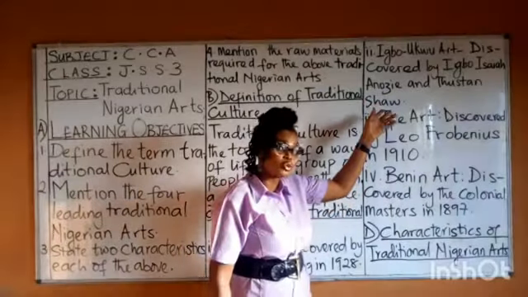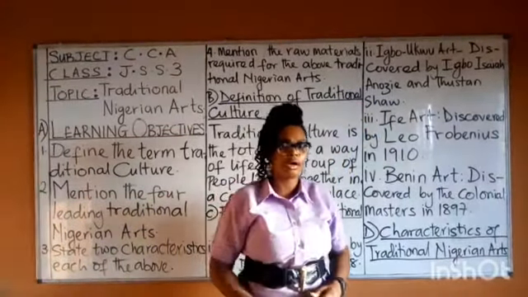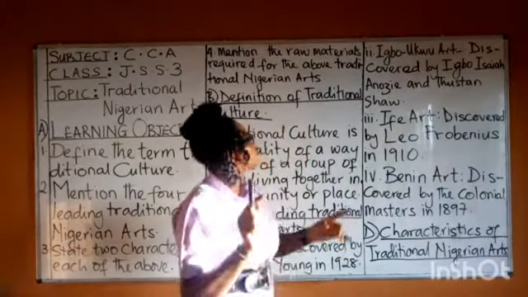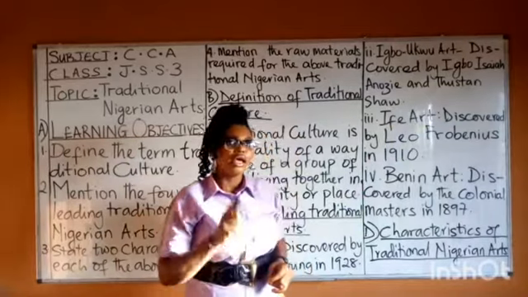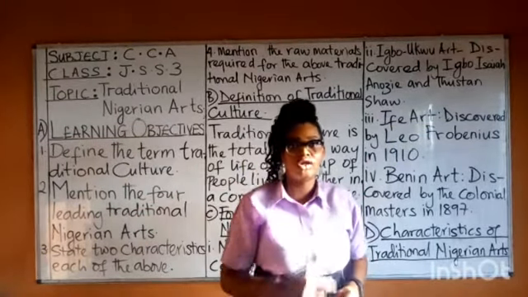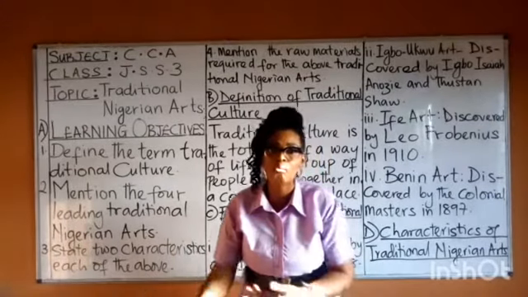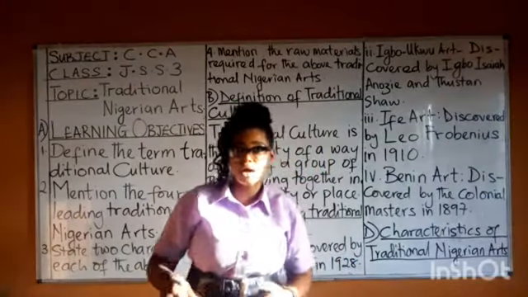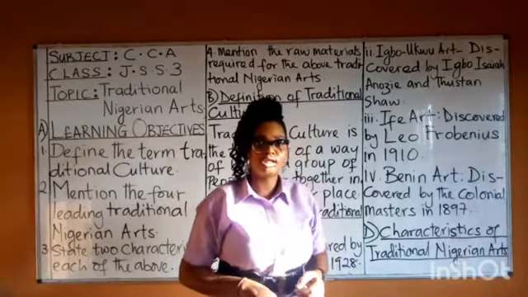But it didn't end there. It was later discovered by Tosan Shaw, a foreign archaeologist. Who is an archaeologist? Someone who goes in search of monumental objects, either under the ground or around the communities.